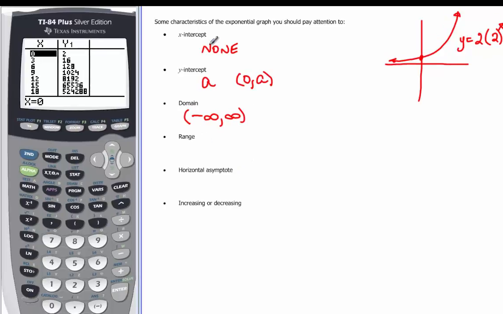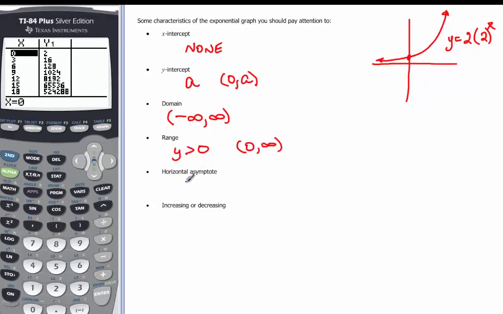Let's think about the range values then. Remember that we don't have an x-intercept. So that means that we never quite get down to y equals 0, but it increases from above that x-axis. So we would say that y is greater than 0. Or if we put it in interval notation, we'd say 0 with a parenthesis to infinity, because we can't include the 0.